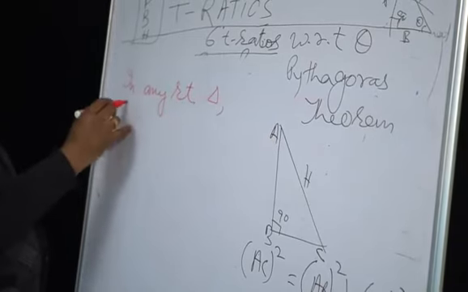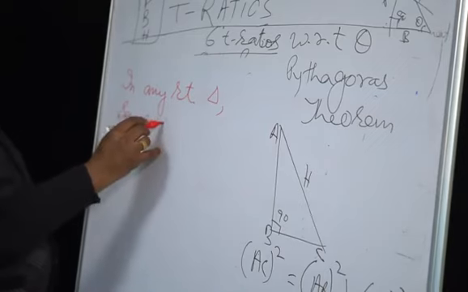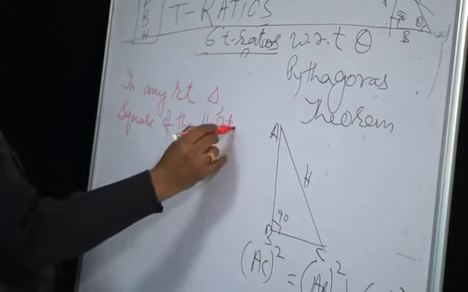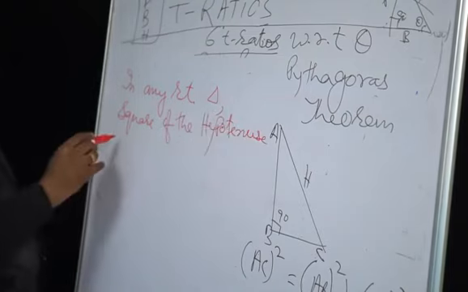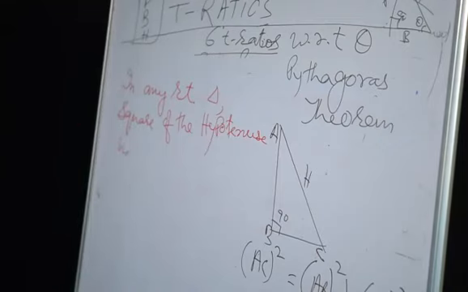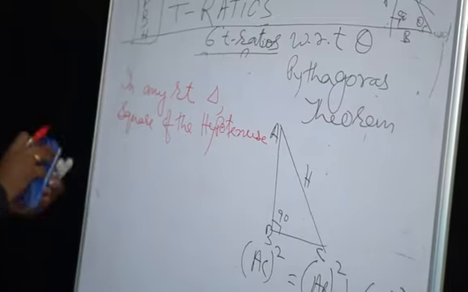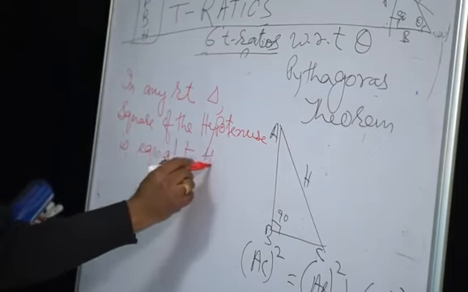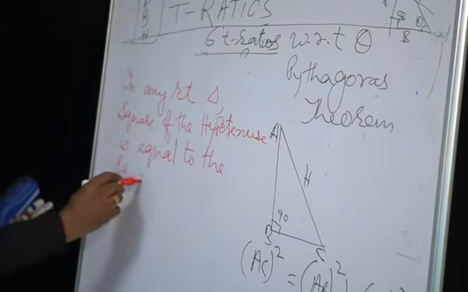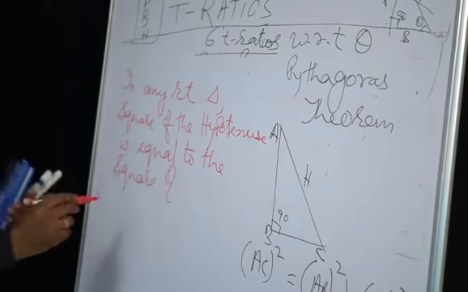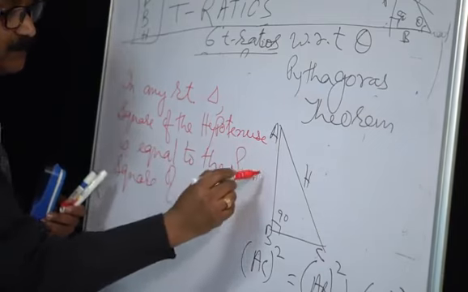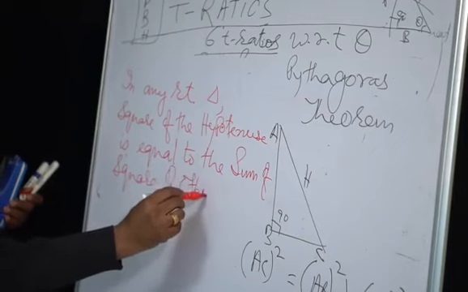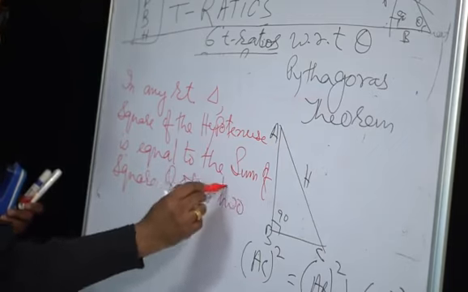In any right triangle, the square of the hypotenuse is equal to the sum of the squares of other two sides.